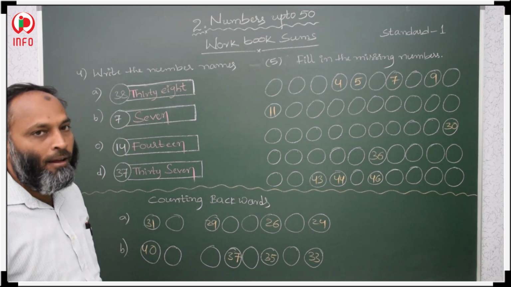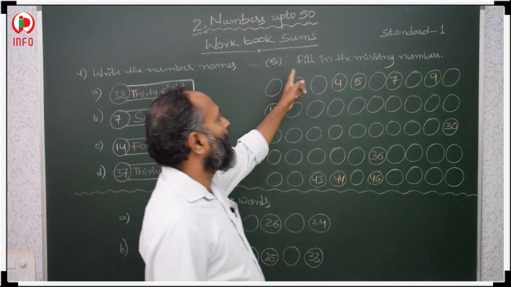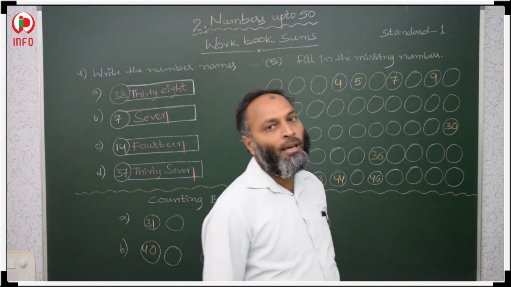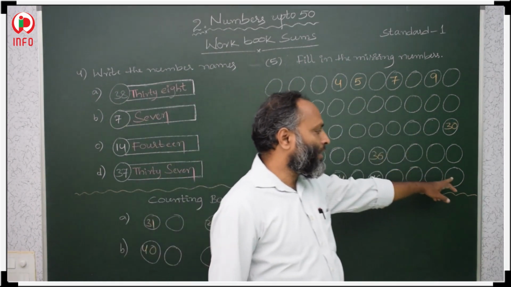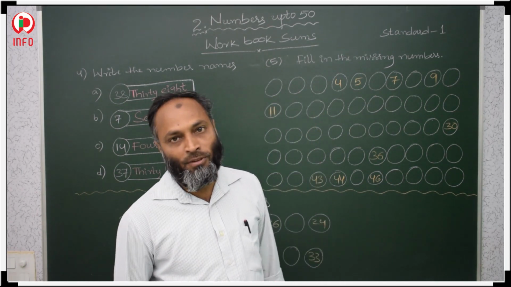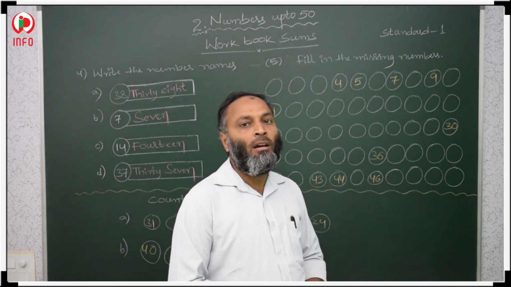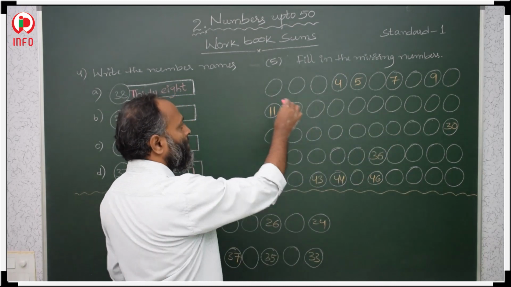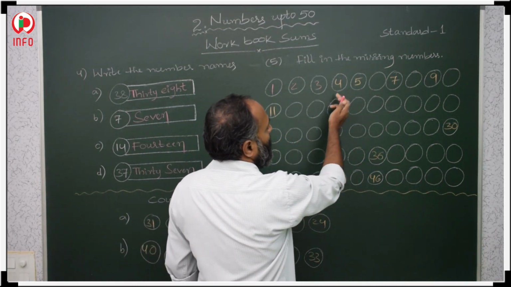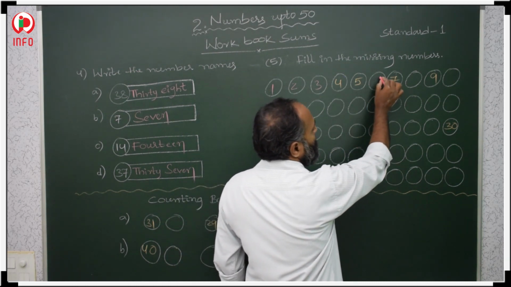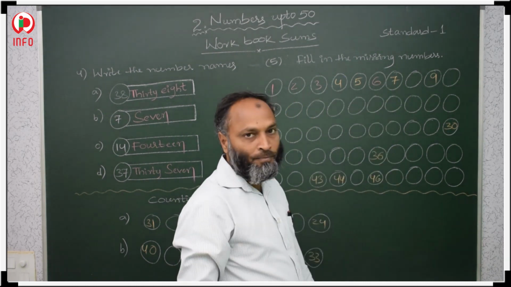Now the fifth question is fill in the missing numbers. It means from 1 to 50 we have to write all the numbers. So start from 1, here 2, 3, 4, 5 given, 6, 7 is also given.